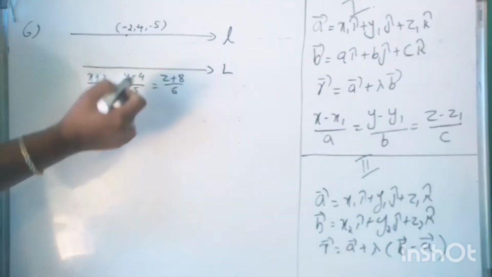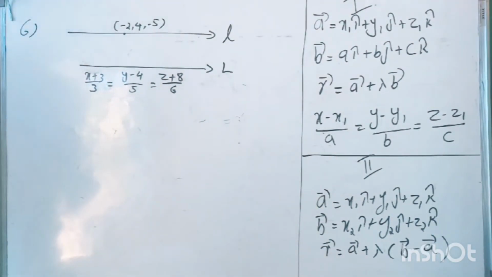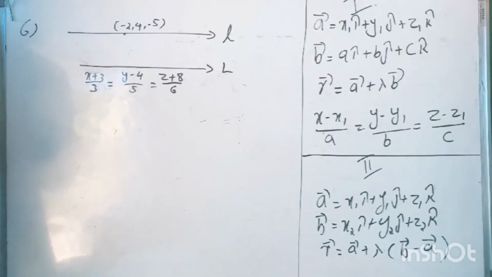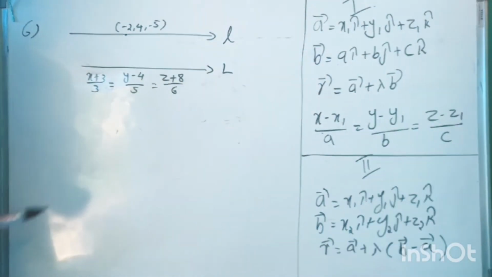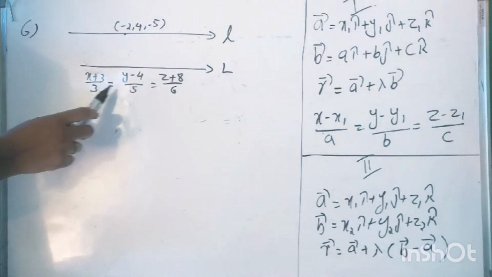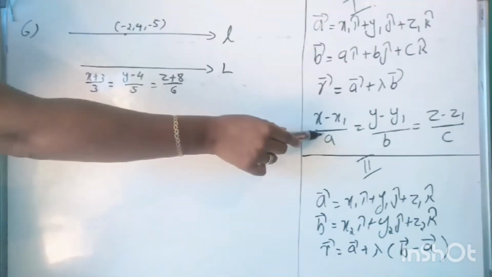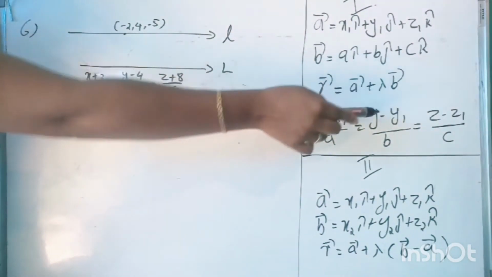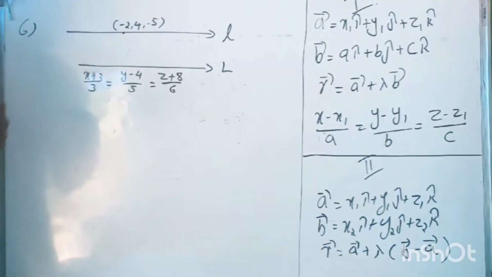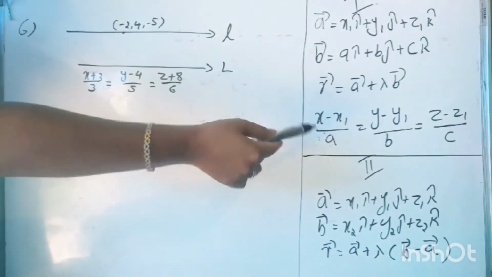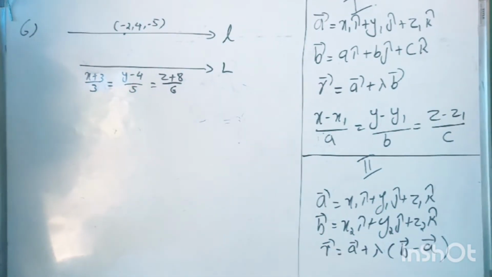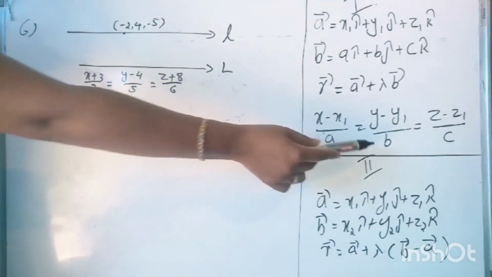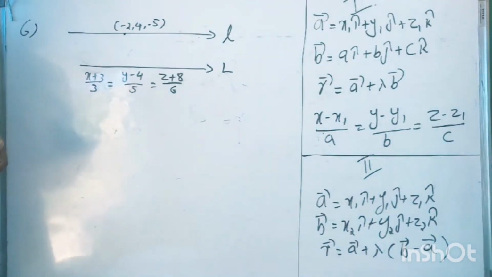This is actually the equation of a line which passes through a given point and is parallel to a given vector. That means this is in the first form. Then just compare this Cartesian form with this general representation. Then x1, y1, z1 and a, b, c. A, b, c is actually the denominator of each term, and that a, b, c will give our vector B vector.